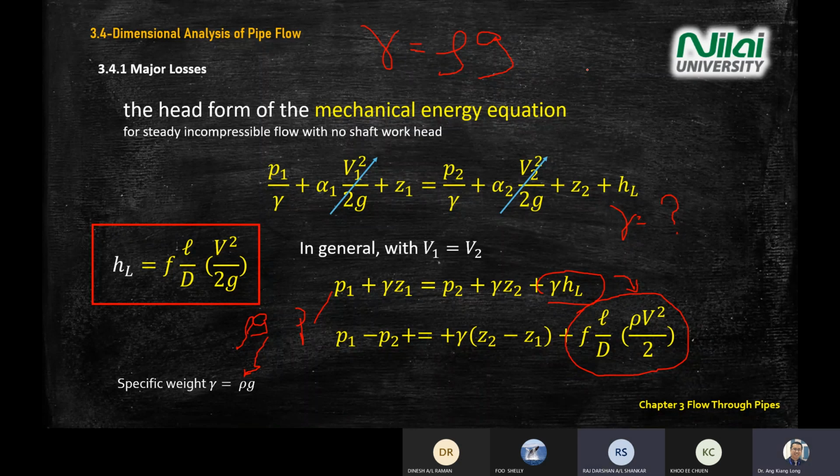Dinesh, can you explain how you get from gamma HL to this equation? Surely later you explain to the class how you get gamma HL to FL over D rho V squared divided by 2, if your friend is not able to answer.